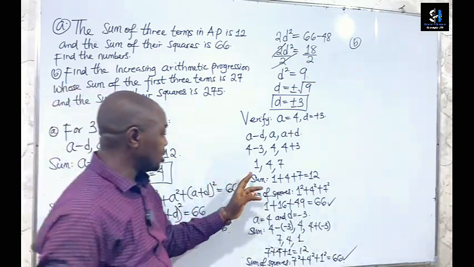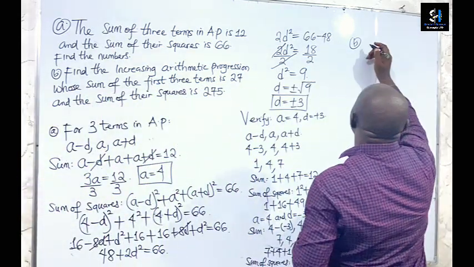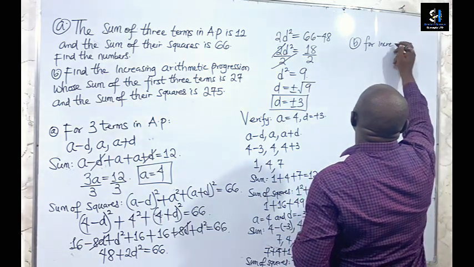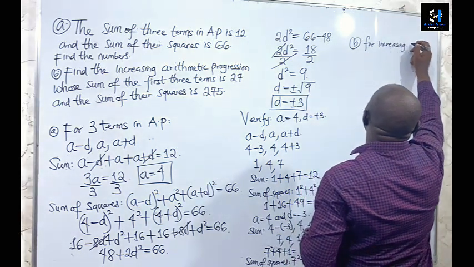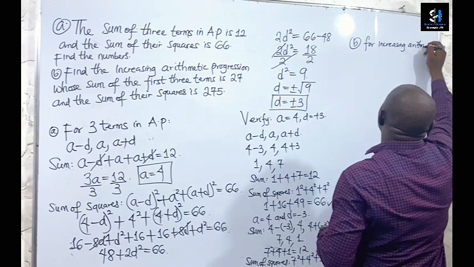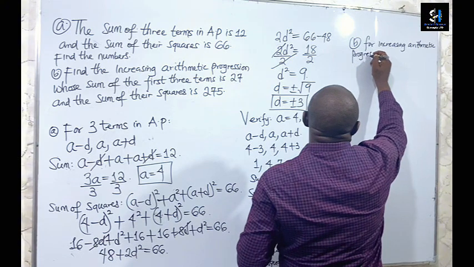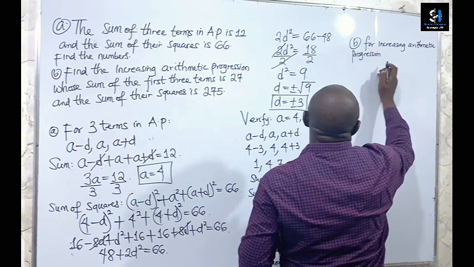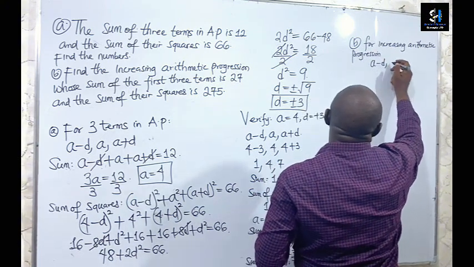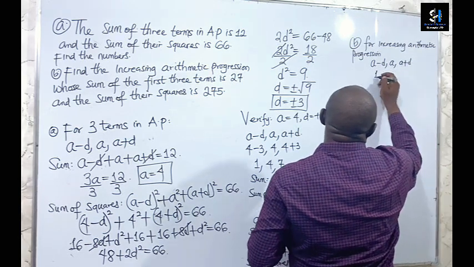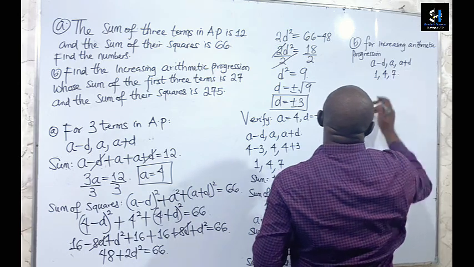So for an increasing arithmetic progression, we're going to have a minus d, a, then a plus d. That will be 1, 4, 7.